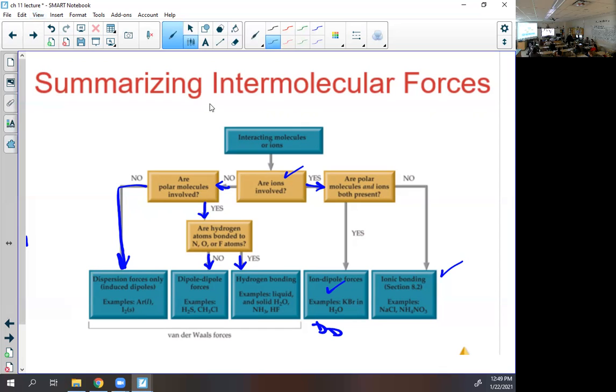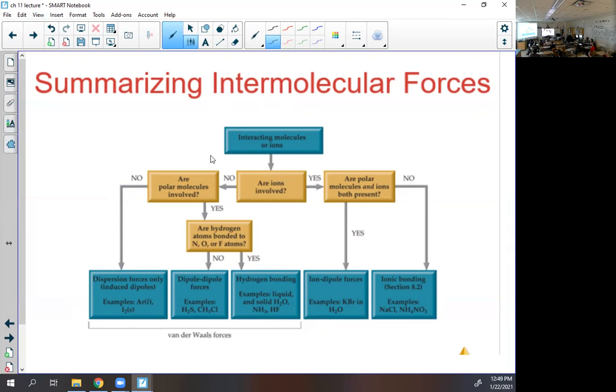Okay, this is in your book somewhere. Make sure that you understand this idea. It's just a flow chart of figuring something out. Are there ions? Yes. Are there polar things? Yes. Then there's both. No, then it's just an ionic bond, like a salt crystal. This would be like salt water.